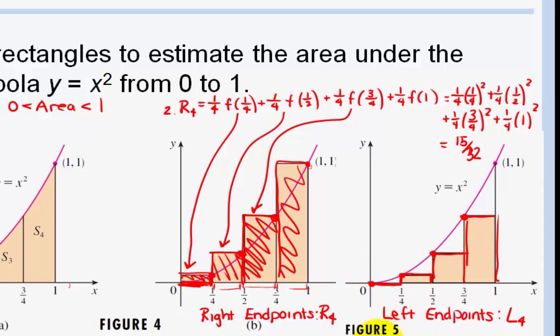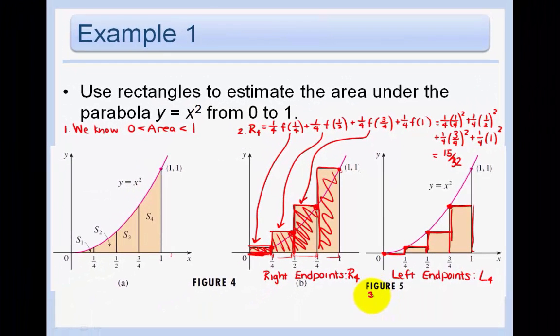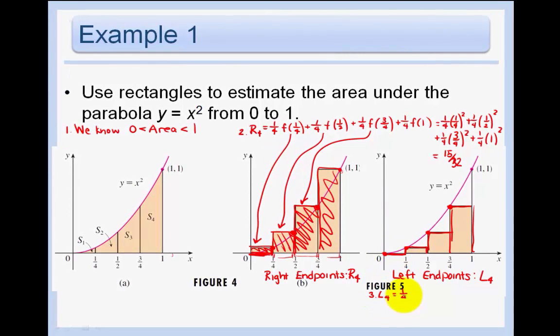And so the area here, I'm just going to write it underneath. Same logic. And the height now is just f of 0 because I start at the left. My second one is at 1/4. My third one is at 1/2.